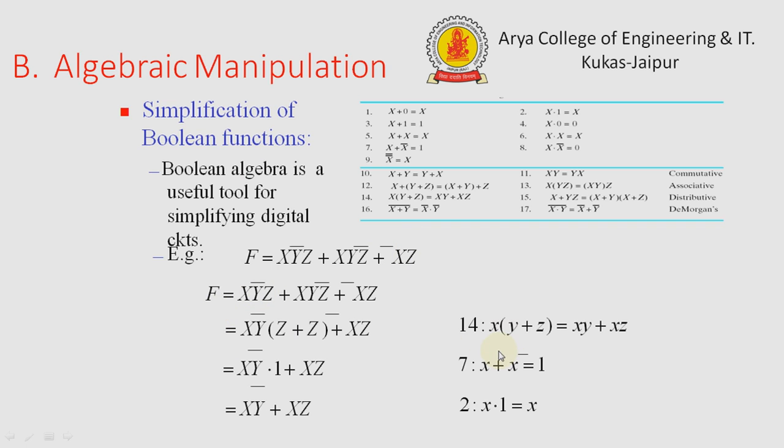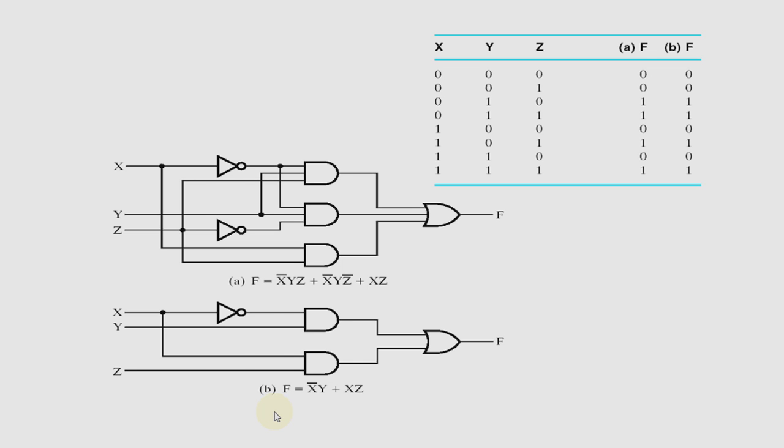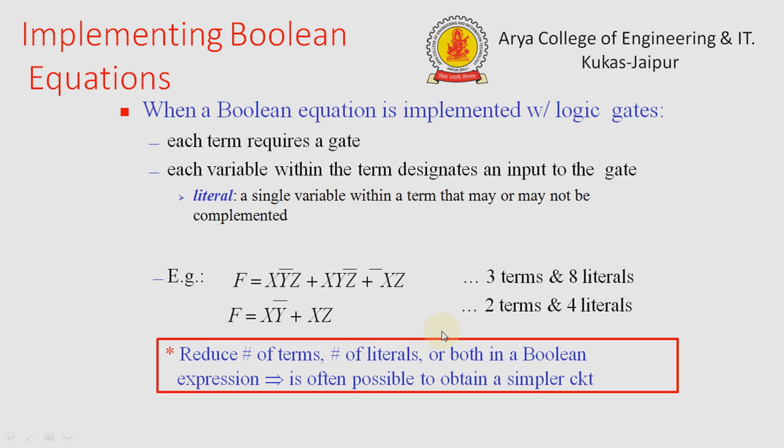This can be simplified by using these rules, and we can see the function of three variables becomes a two variable function. So this is a very easy technique to simplify Boolean functions. And here we can see the circuit implementation of these functions. Here is the logic circuit implementation.